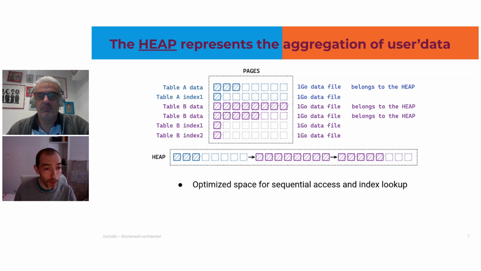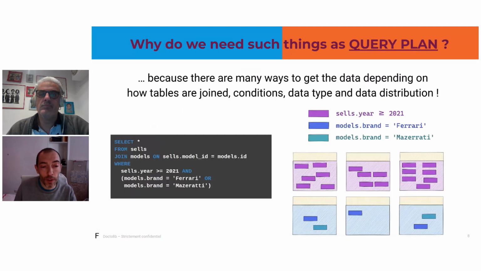So table A has 1 data file, table B has 2, and each of the indexes that we create for tables A and B will also be stored in dedicated data files of another gigabyte as well. The heap is the conceptual representation of all the data files next to each other, and it's an optimized space for sequential access and index lookup.